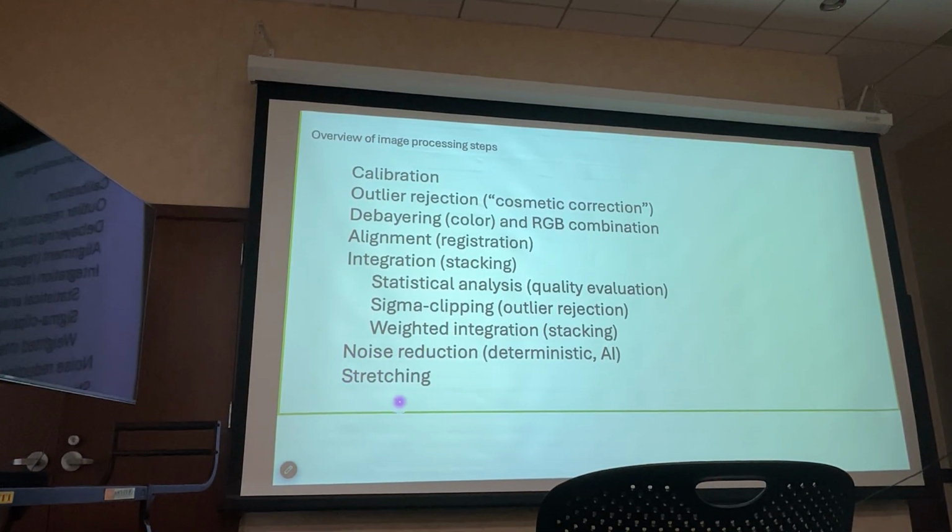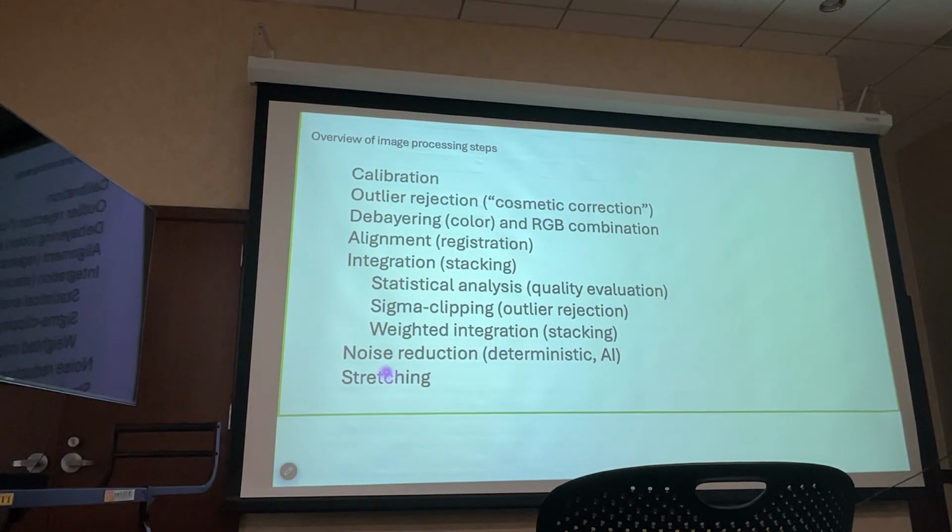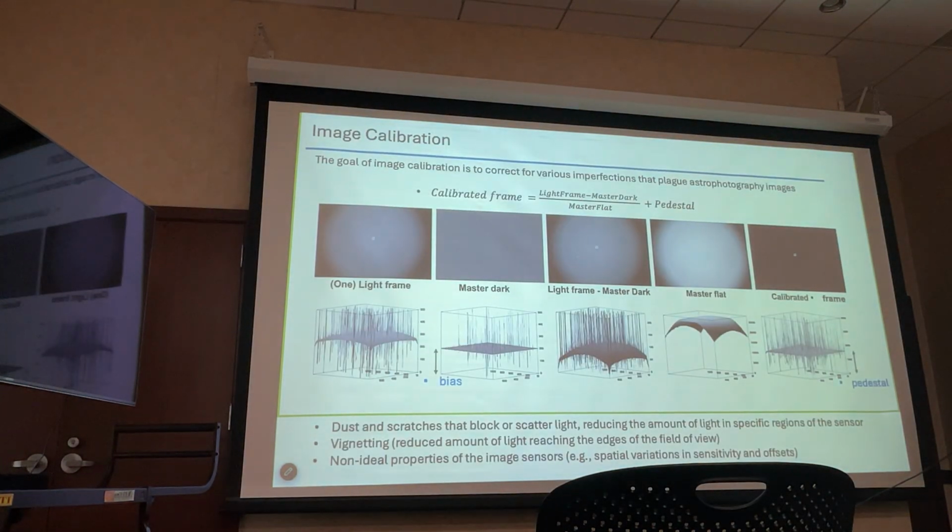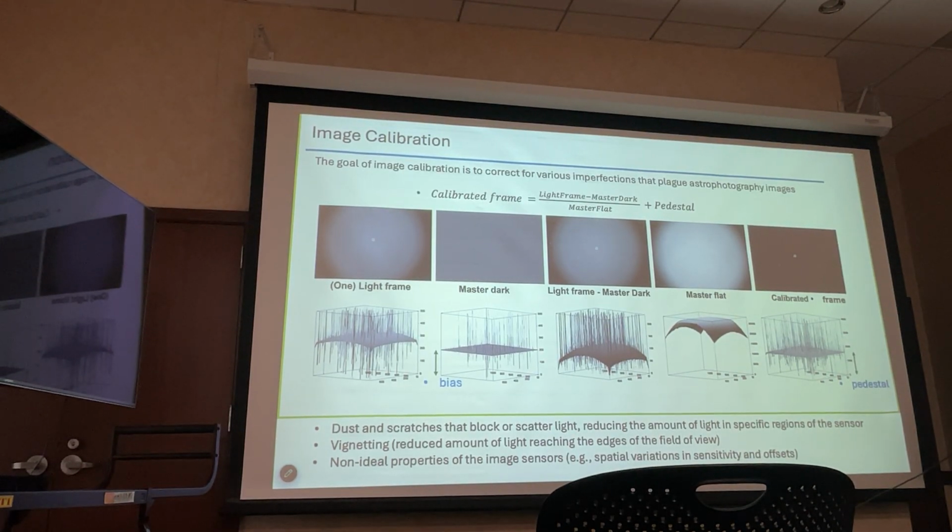And then Rick will talk in detail about stretching. So we're covering the very beginning and the very end in detail, and the stuff in between relatively quickly. This process flow I'm taking from PixInsight, the so-called WBPP, the weighted batch pre-processing, which some of you use, but it should essentially be the same for any software tool that you use.